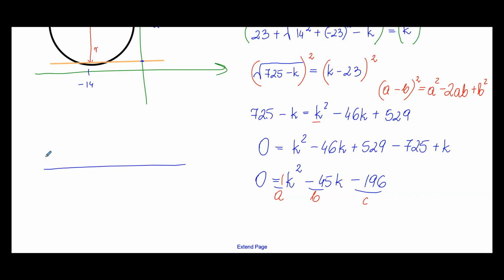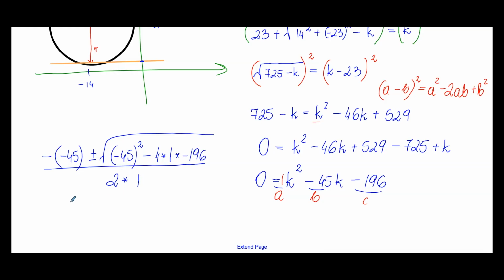And my minus b formula: minus the value of b, minus 45, plus minus, again b, which is minus 45, to the power of 2, not multiply. That's why I'm always saying, look at your table, don't write it from memory. Minus 4 multiplied by the value of a, which is 1, multiplied by the value of c, which is minus 196, all of that under the square root, and at the bottom 2 multiplied by the value of a, which is 1.